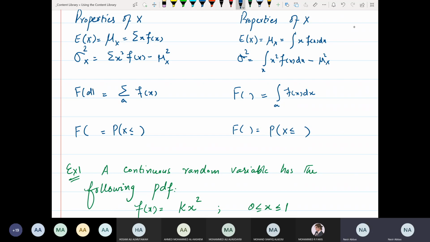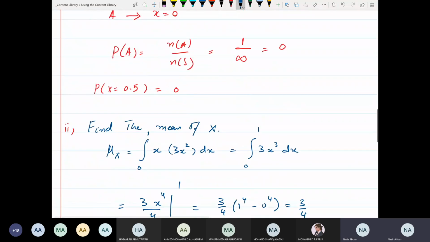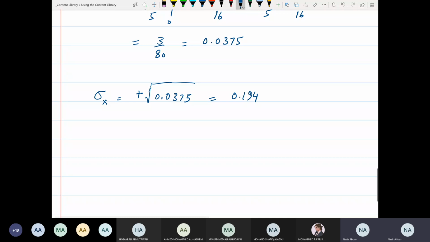Let's call it D. So let us try and find capital F of x, the distribution function. Find the CDF of x, that is capital F of x.